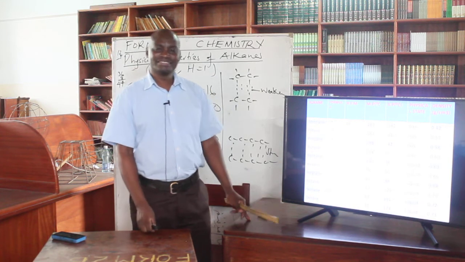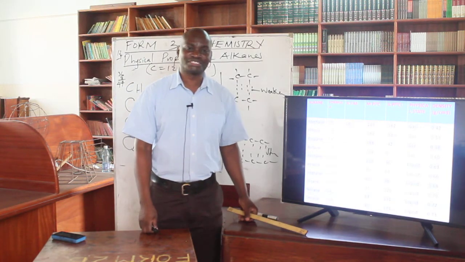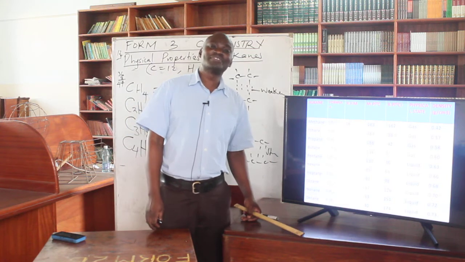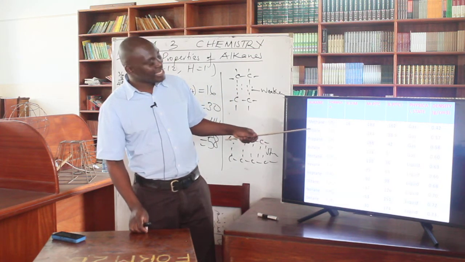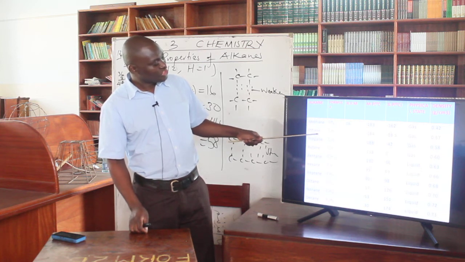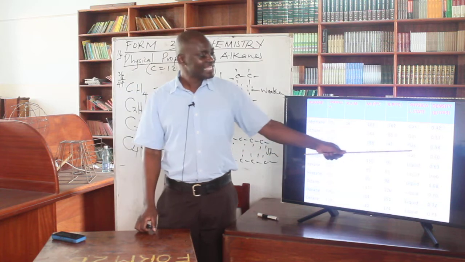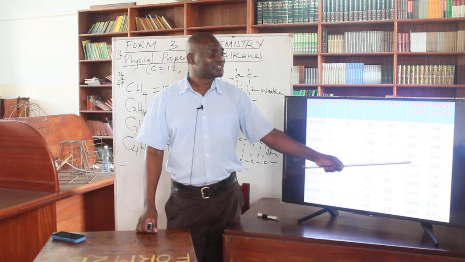These are alkanes, and these substances have simple molecular structures. They have intermolecular forces of attraction, but the first four alkanes, 1, 2, 3, 4, what do you see? They exist as gases at room temperature.